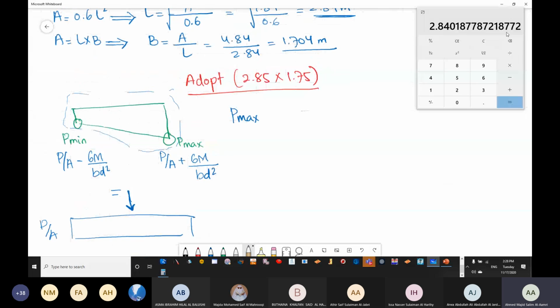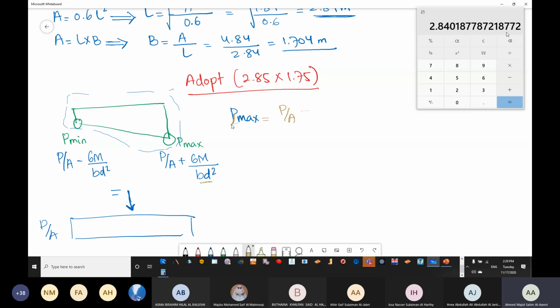Where your Z is BD square over 6. So we kept BD square here and we raised the 6 up. Anyhow, according to the maximum pressure equation, we have it as P over A, force divided by area. If you are confusing with P, then you can use F. So this is pressure.